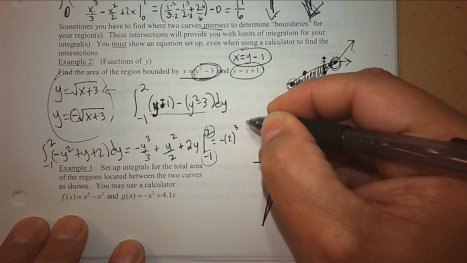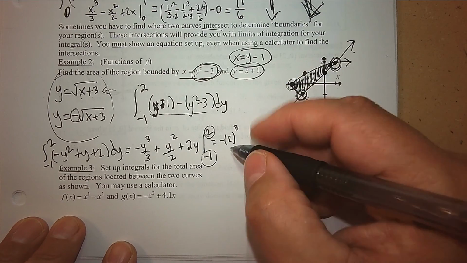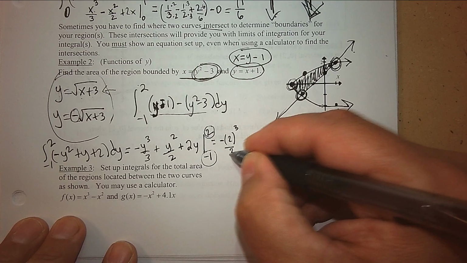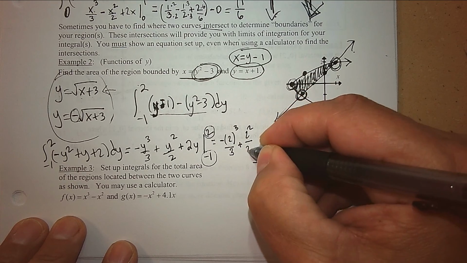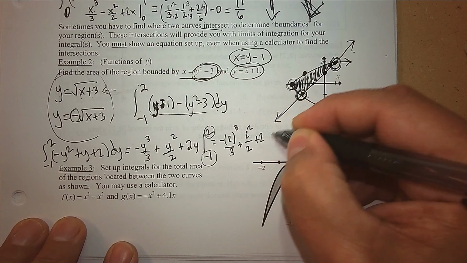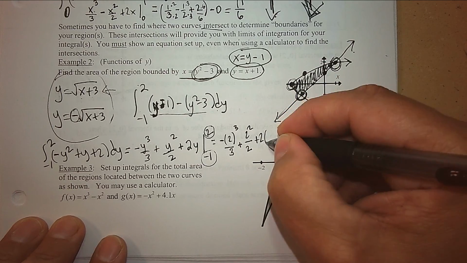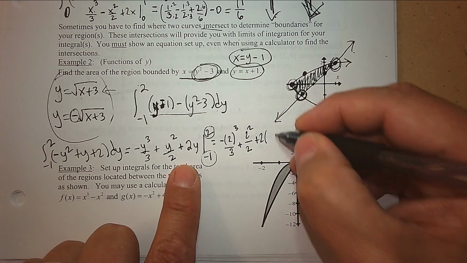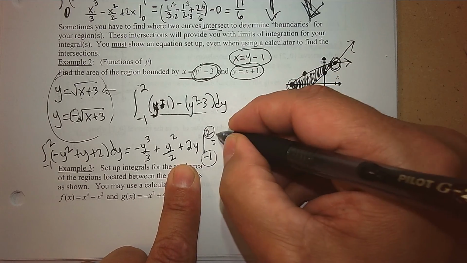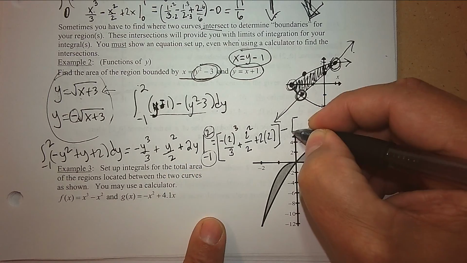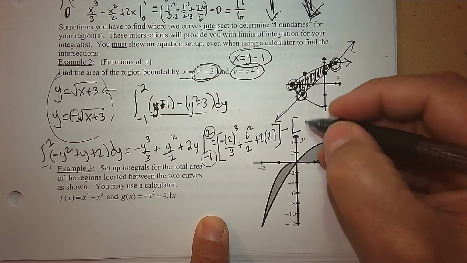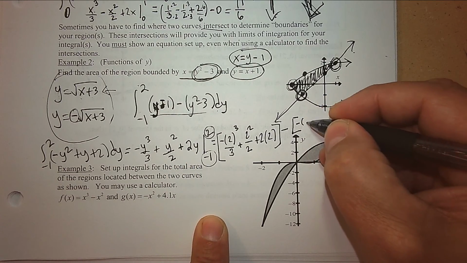Show me the setup, and I won't make you do the headache. Make sure you put brackets around the first bound, subtract, and then another bracket for the second bound, where I plug in -1.